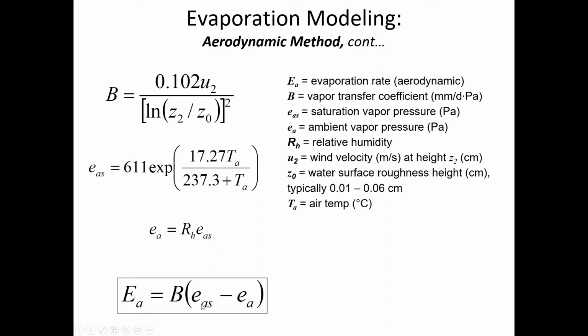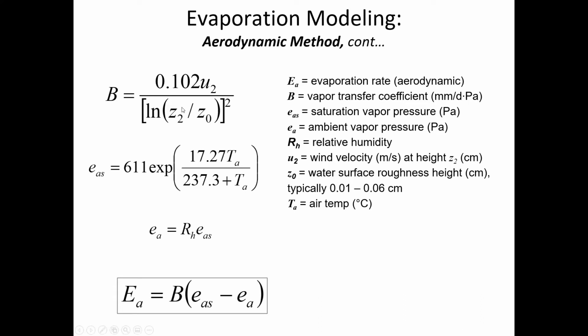The other term, B, the vapor transfer coefficient, takes into account how windy the conditions are and also the wave height. Because if there are a little bit of ripples on a water surface, it can actually have a larger surface area than if it's just glassy smooth, and if there's no wind and the wave ripples are completely still, then there's less surface area, and that would decrease the rate of evaporation.